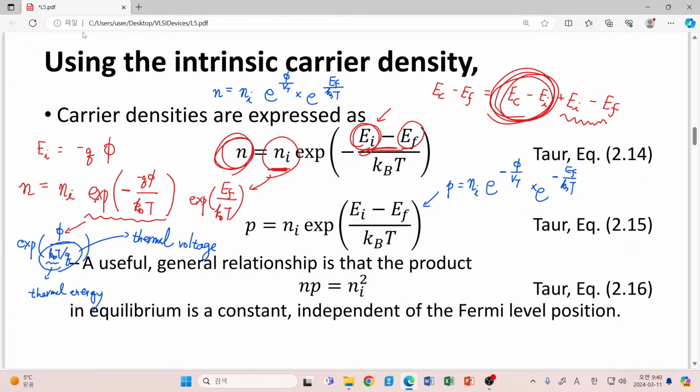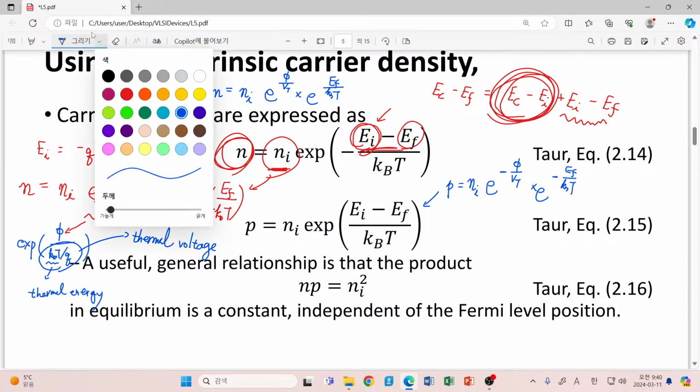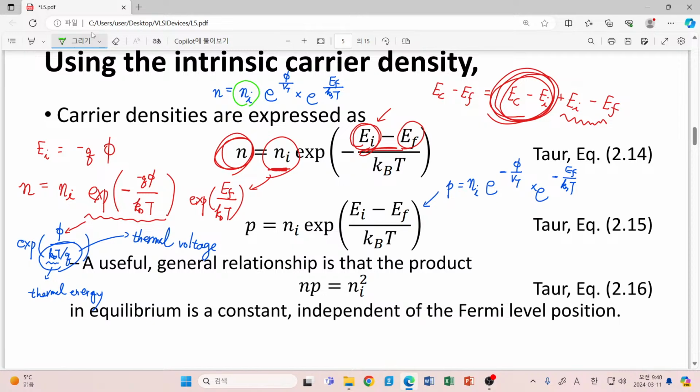Important one is we have the same leading coefficient n sub i, and exactly the opposite dependence, exponential positive phi over Vt and exponential minus phi over Vt.